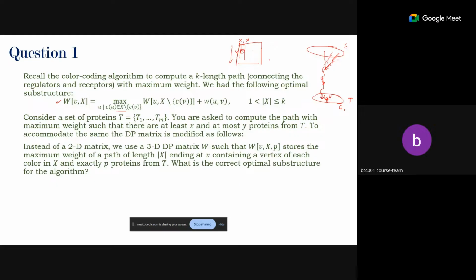Okay, so that was the color coding algorithm that we had, and this was the corresponding optimal substructure.